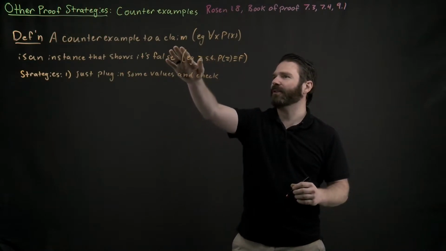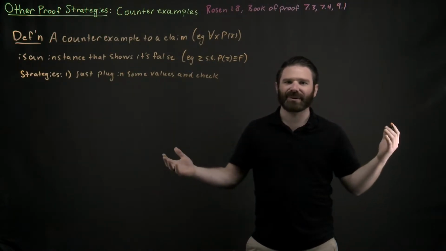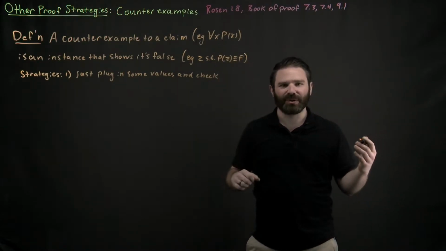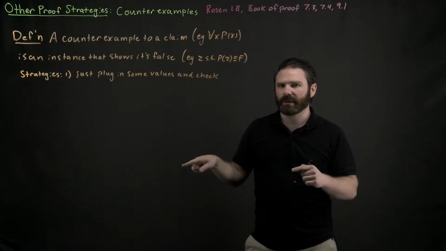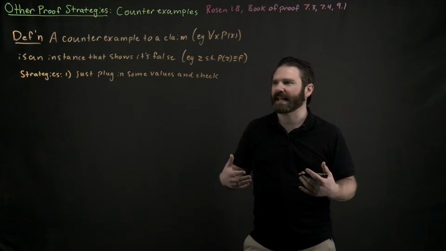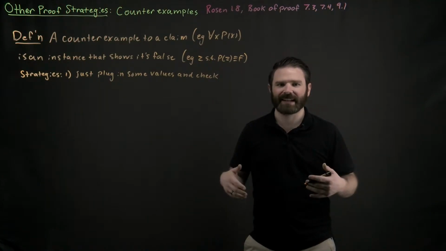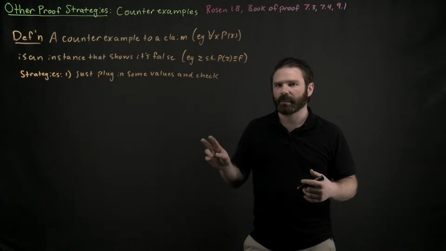You take whatever claim that you have, you plug in some values for the variables, and you check whether or not it's true or it's false. So sometimes this works, like in the previous example, but sometimes you can try lots of different cases and you're not getting a counterexample, you're not getting a counterexample, etc. So the second strategy is a little bit more nuanced.